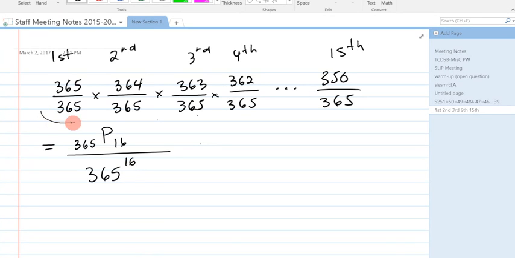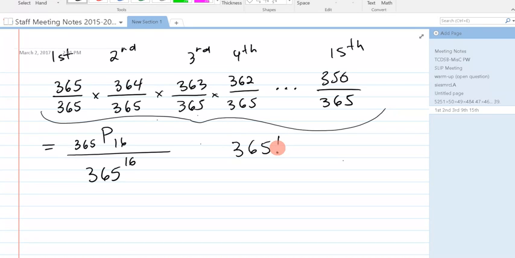We also learned how to express this earlier in the chapter using factorials, right? So this would be 365 factorial divided by 365 minus 16 factorial.